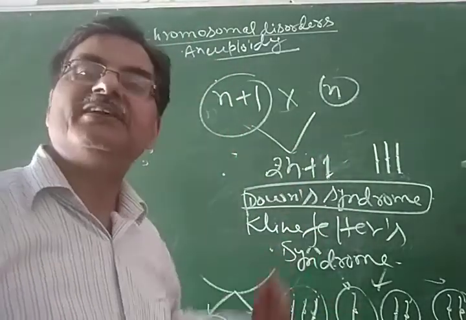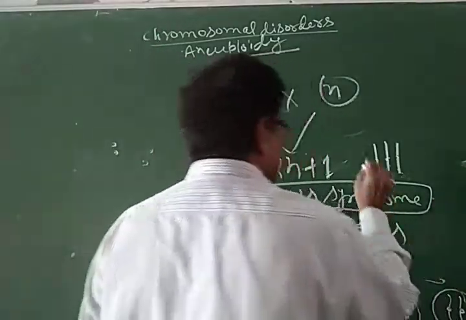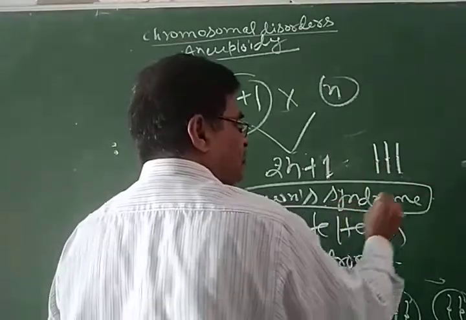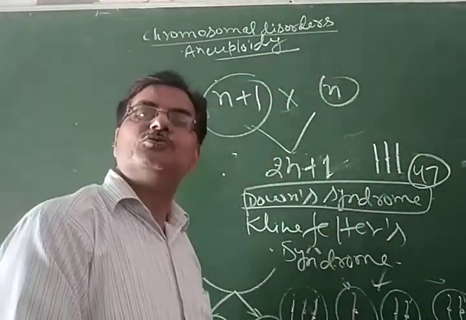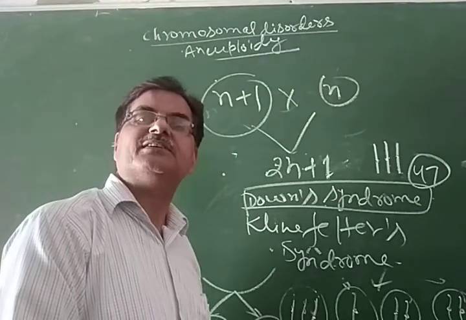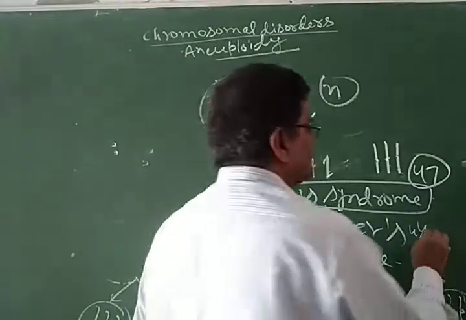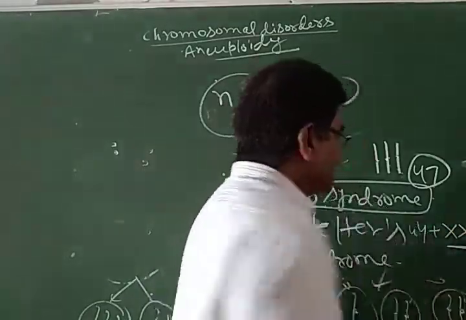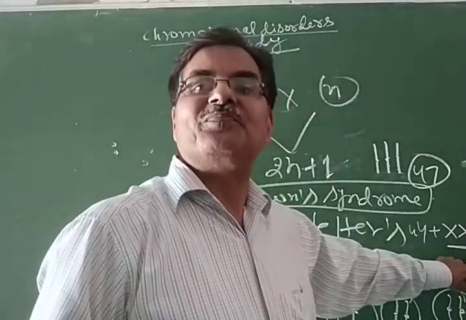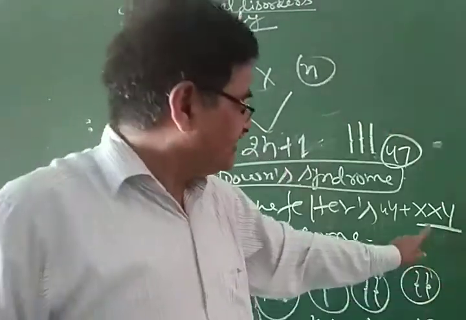Likewise in Klinefelter syndrome, the total number of chromosomes will be 47. There are 44 autosomes plus XXY, meaning there are 3 sex chromosomes.